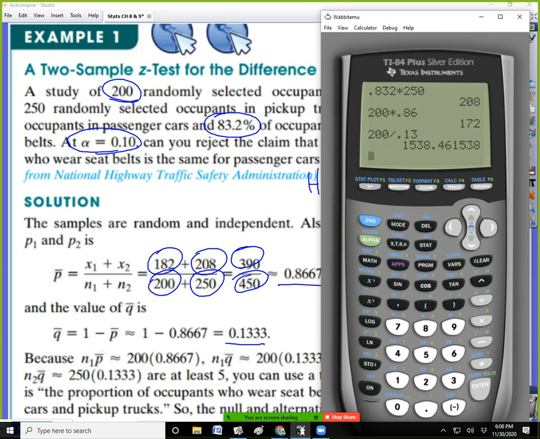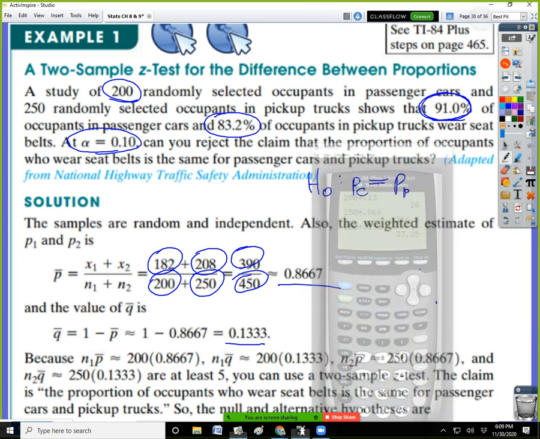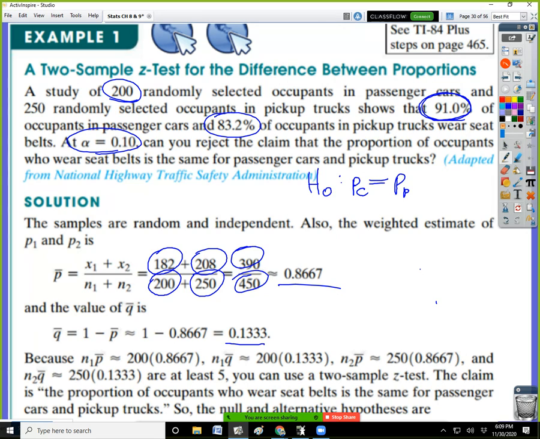Oh, wait, I did times. It's still 26, so it's much bigger than 5. And then we do 250 times 0.866, and 250 times that 0.133, and we get 33. So all of those are good. We're over 5 on everybody, so we're in good shape.